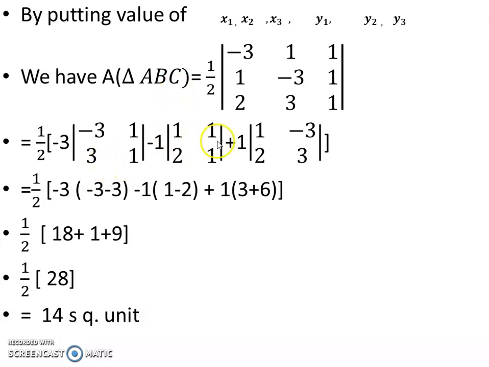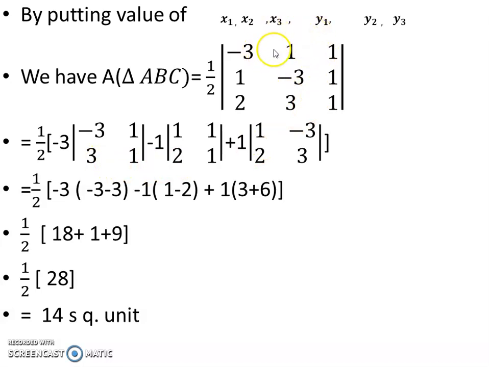The same trick applies here. The first row and first column is fixed, and we write the remaining elements. The first element is -3, so we take -3 times the determinant of -3, 1, 3, 1.